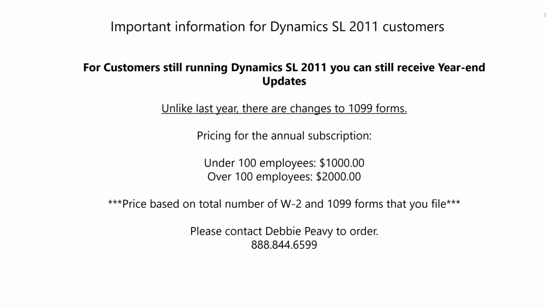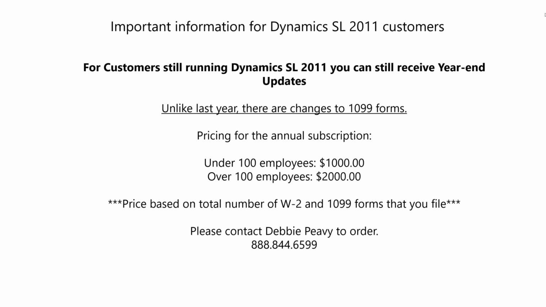Okay. Those are all the questions I think we have, so I just want to talk real quick. We do have a slide up here. Just want to make sure everybody is aware that if you are still on version SL 2011, you're not stuck for your year-end updates, we can sell them to you. Just call Debbie Peavy, and they're priced for under 100 employees, based upon 1099s basically, at $1,000, and if you have over 100, I would say 1099 recipients, not necessarily employees, $2,000.